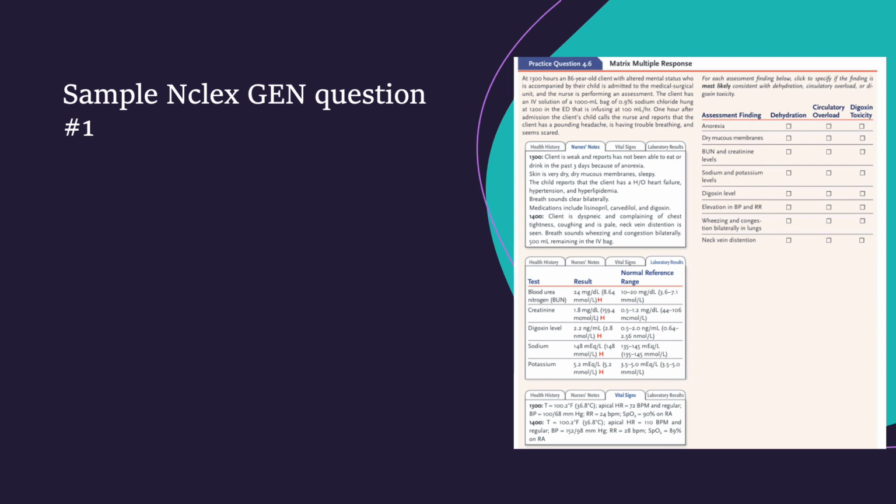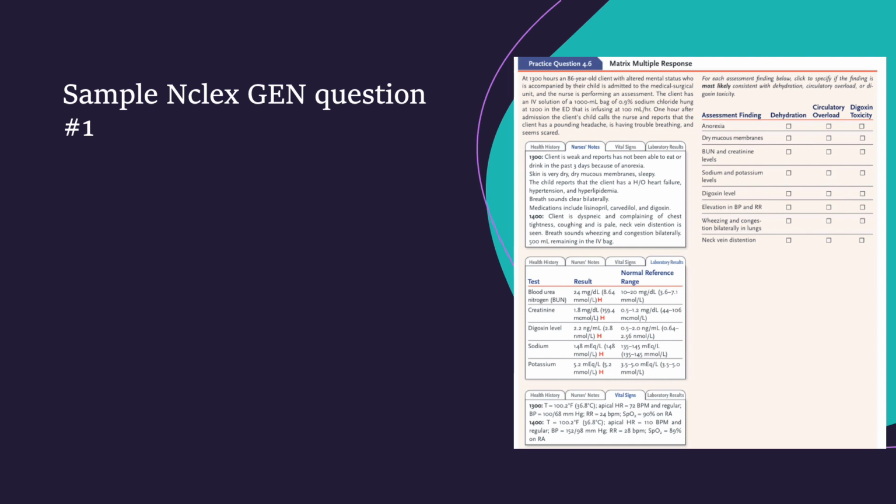Your digoxin level is high, and guess what? We're going to put that with digoxin toxicity. All right. You see an elevation in your blood pressure and in your heart rate. What caused that? When grandma came in, her blood pressure was low and her respirations were normal. As soon as they started those fluids on her is when everything changed.